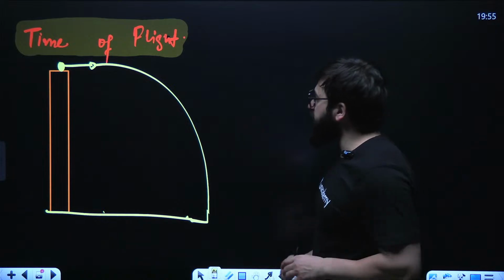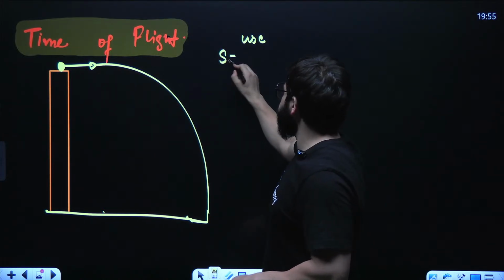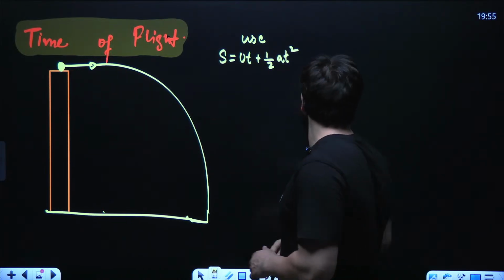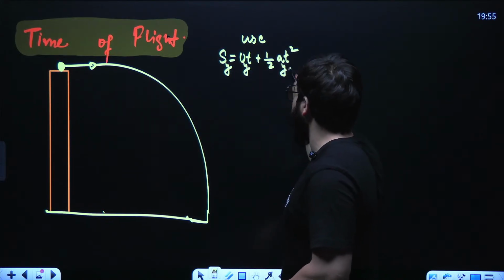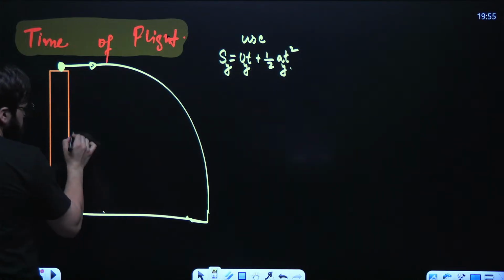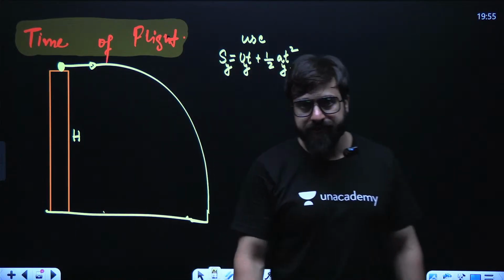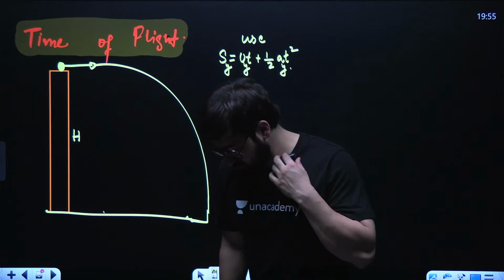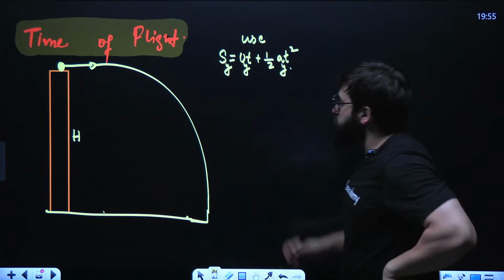I would recommend you to use one equation: S is equal to ut plus 1 by 2 at square. Use this equation in y direction. Let's suppose the height of this tower is h.